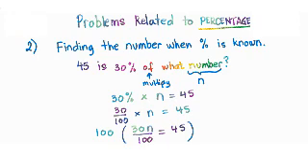Alright, so we do that. 100 times 30n over 100, that should be 30n. Next, 100 times 45, which will give us 4,500. Again, this is 30n.